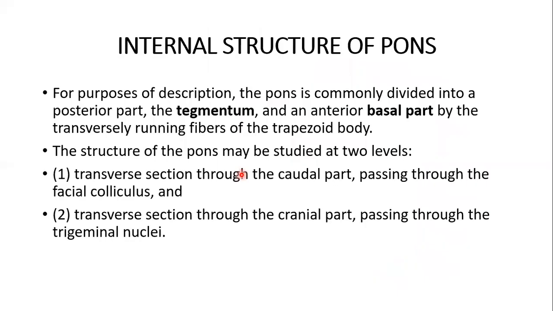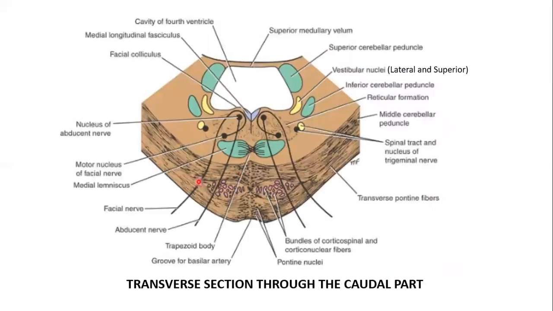Here you could see, as I've told you already, that the anterior part is the basilar part, or base, and the posterior part is the tegmentum. What is the anterior most part of the tegmentum? This is the trapezoid body.